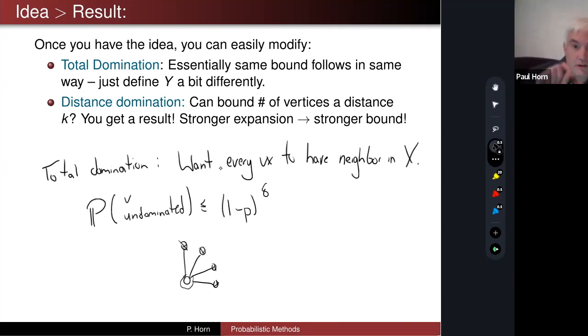All you need to know is a bound on how many vertices lie at some distance, so you can estimate the probability that I'm undominated. And the stronger my neighborhoods expand locally, the stronger bound I get. But I can use the exact same idea, and I can use it to prove many theorems.